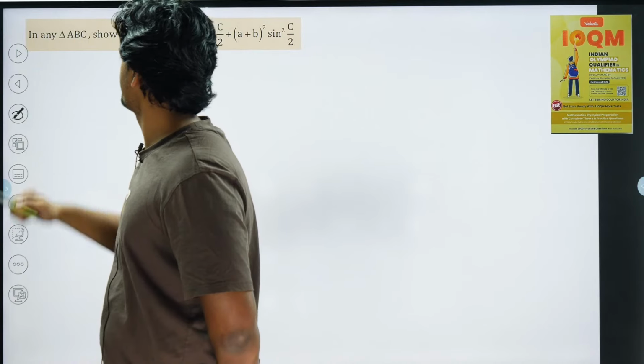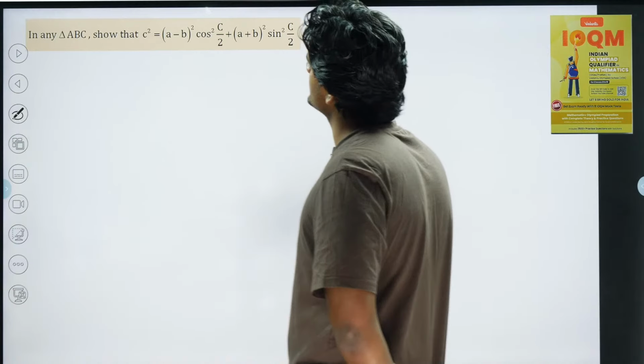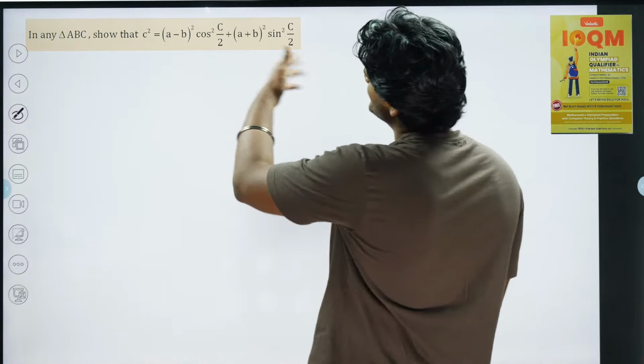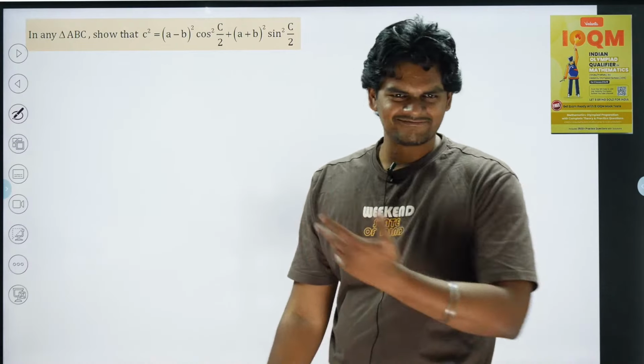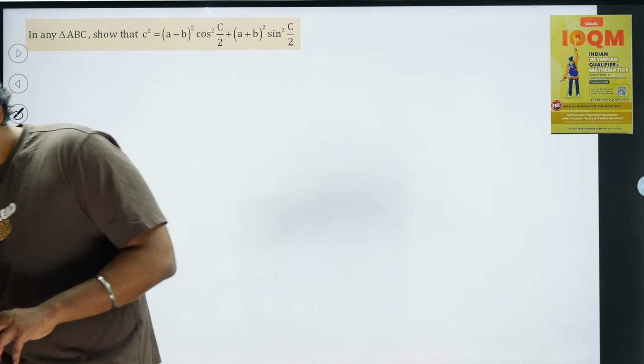Chalo. In any triangle ABC, show that c square is equal to (a minus b) whole square plus something with cos. Doable, easy. Do it.